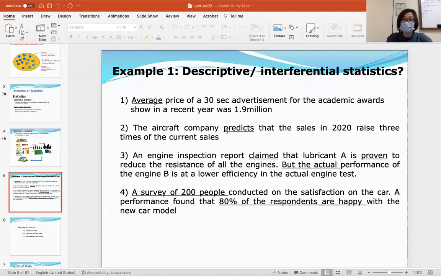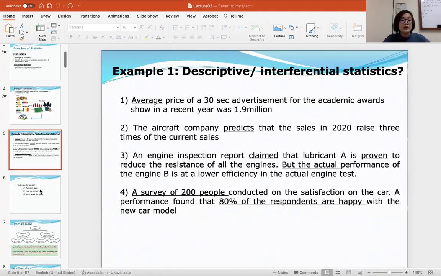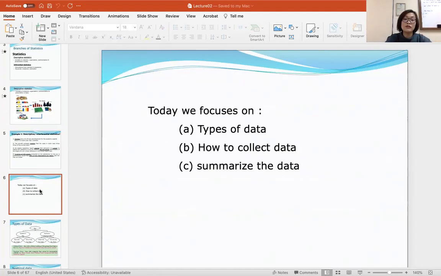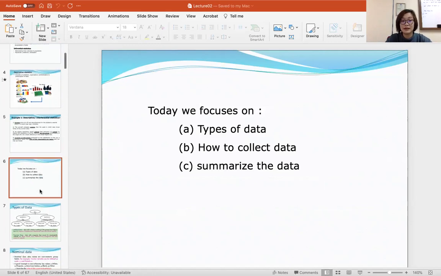So that is inferential. And number 3 seems like it's claimed to be proven, but in actual fact it's not, so that is inferential. Can you see the danger of inferential? It does not really represent the actual performance. So today we are going to focus on types of data, how to collect the data, and how to summarize the data.